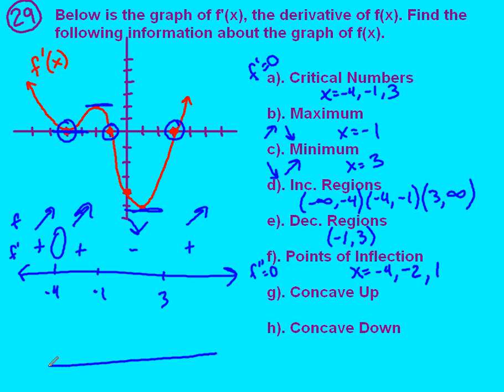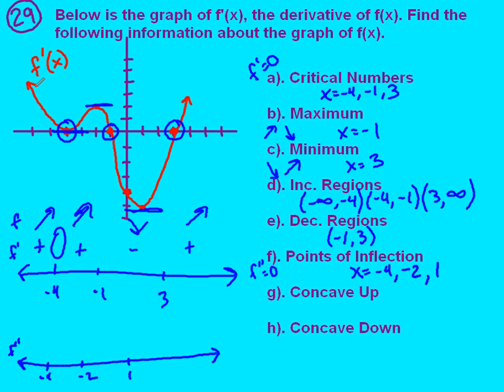So if I'm looking at f double prime, we're looking at these points of inflection, which we just said we're at -4, we're at -2, and here at 1. Let's look at what the f double prime means: the slope of the derivative graph.